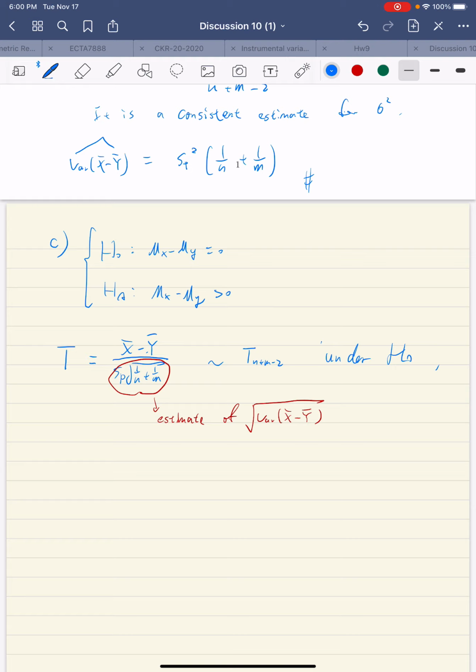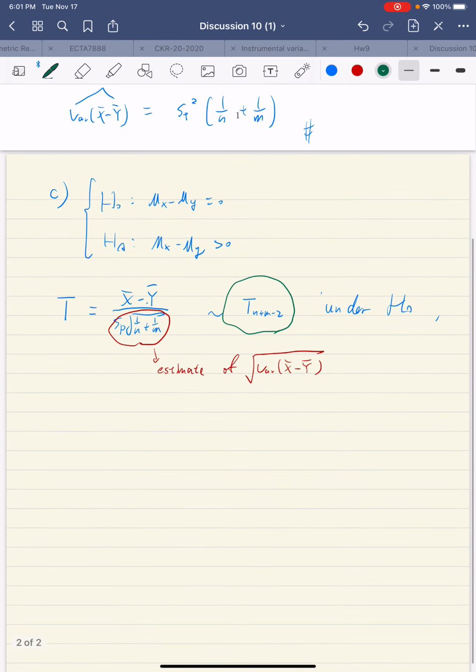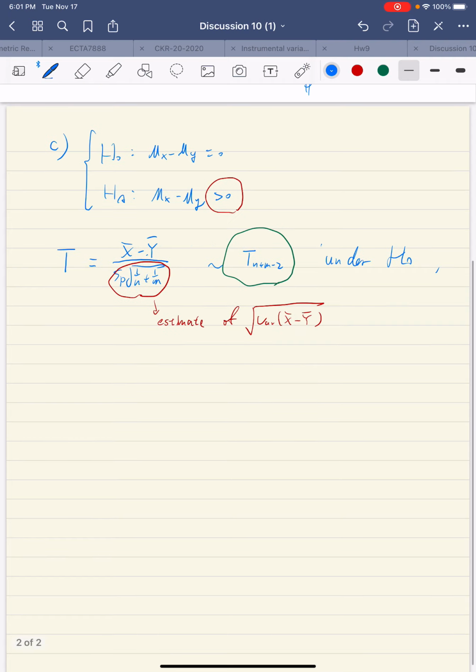Okay. The reason we want to use this as our test statistic is because we know its distribution. If we know the distribution, then we will be able to find the rejection region. And because the alternative is greater than 0, we will reject when the test statistic is large.